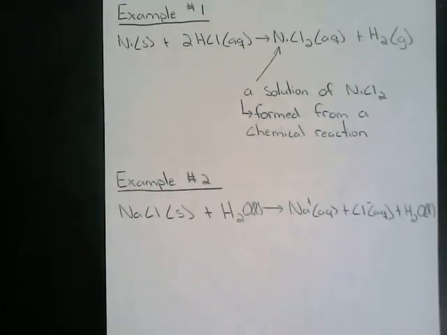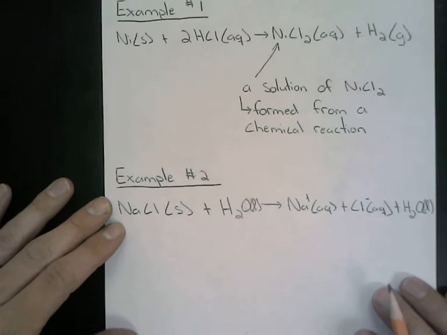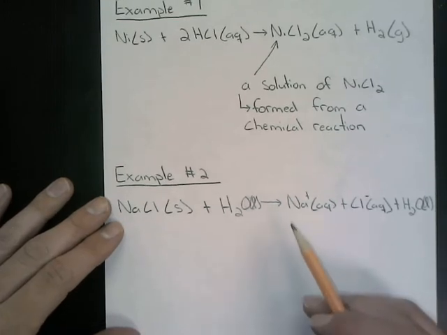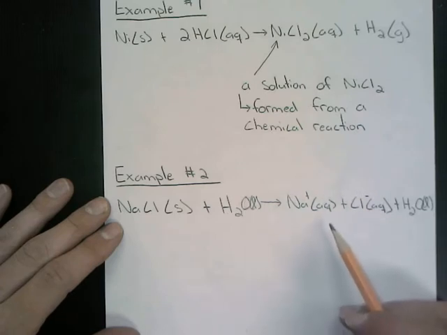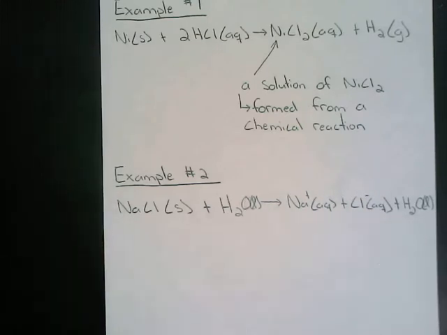What happens here is we get a solution of sodium chloride, and we went over this in the picture where the sodium ions were surrounded by water and the chloride ions were surrounded by water. But notice here there is no chemical reaction used to form this solution. So I'm going to pause and write that down.